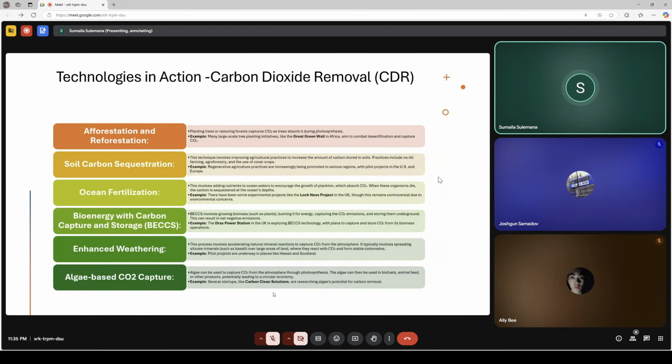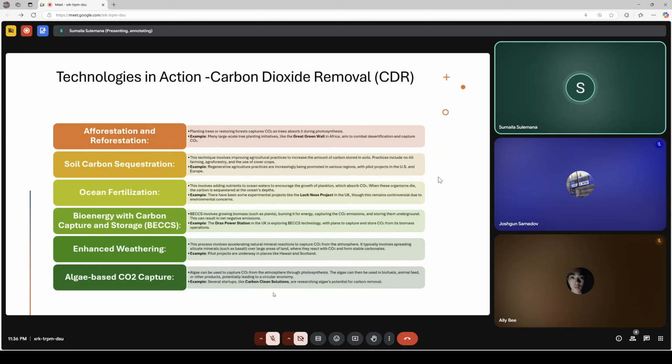The next one is ocean fertilization, which I did mention, like ocean alkalinity. This involves adding nutrients to ocean water to encourage the growth of certain plants, increasing their mass in the ocean to help absorb CO2 in greater volumes, so to speak.